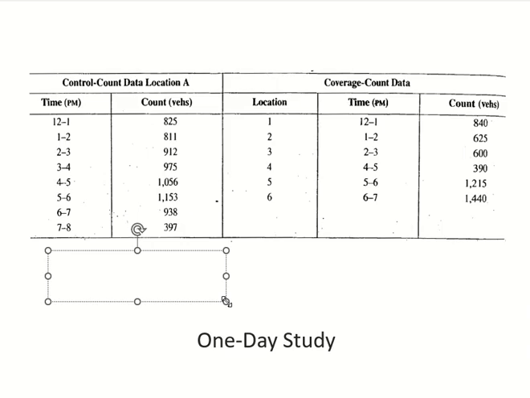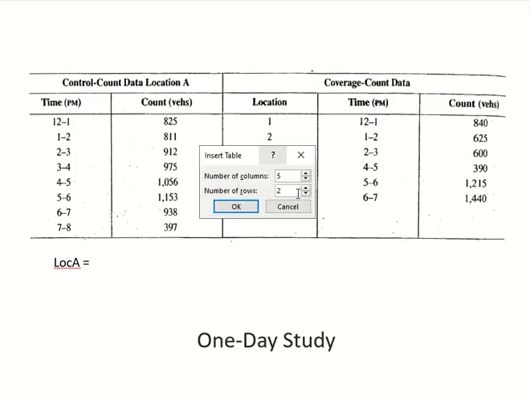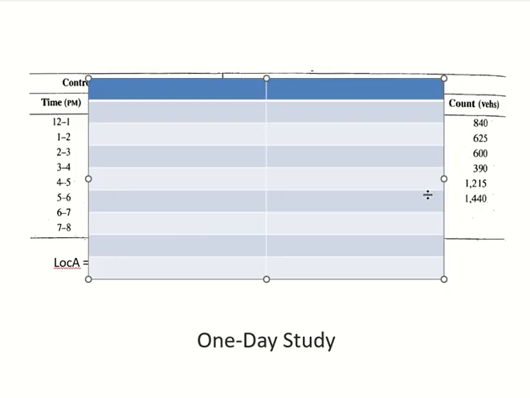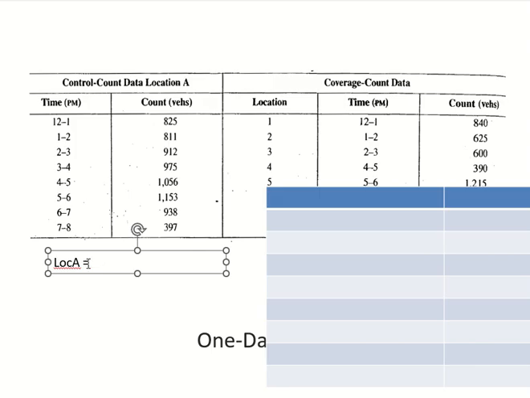Give me the total for location A. 7067. These are the number of vehicles we have on location A in the full 8 hours.